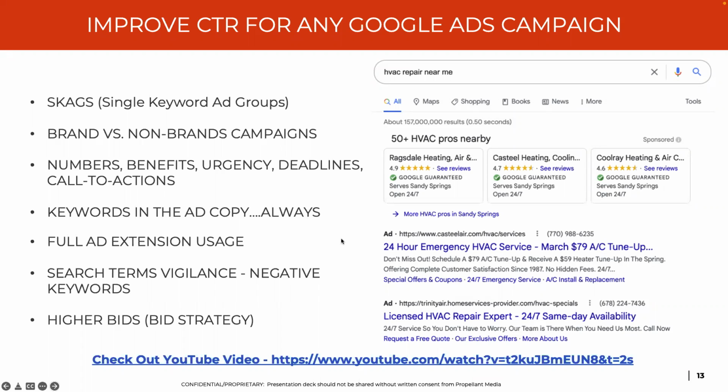And this is a small one, but it's one that a lot of people miss out on, which is higher bids. Sometimes, whether you're doing a max cost per click bid strategy or a CPA bid strategy or max conversions bid strategy, if you don't bid high, the higher you bid, the higher chances you have of showing up at the top. The lower you bid, the lower you show up within the Google search rankings, within the Google Ads platform specifically, in the search results, I'm sorry.